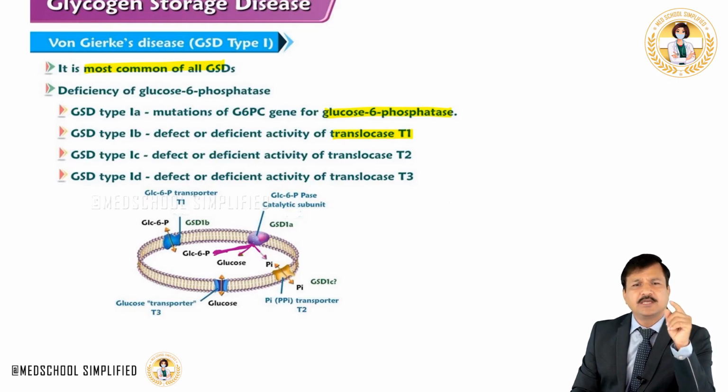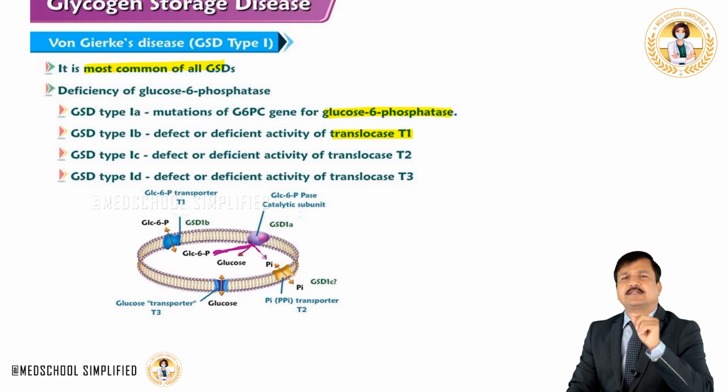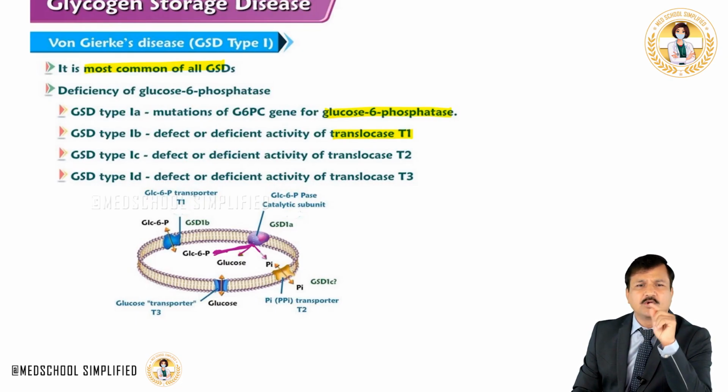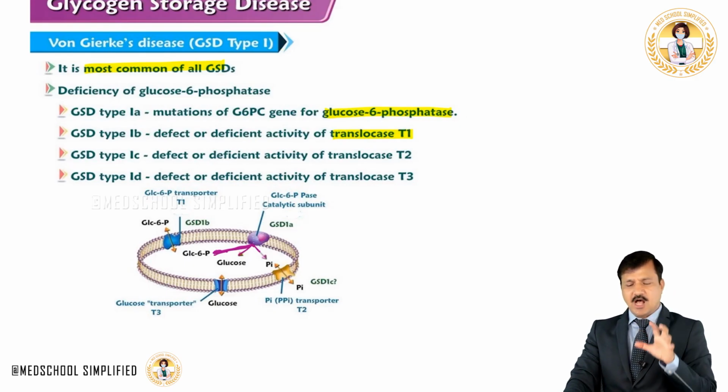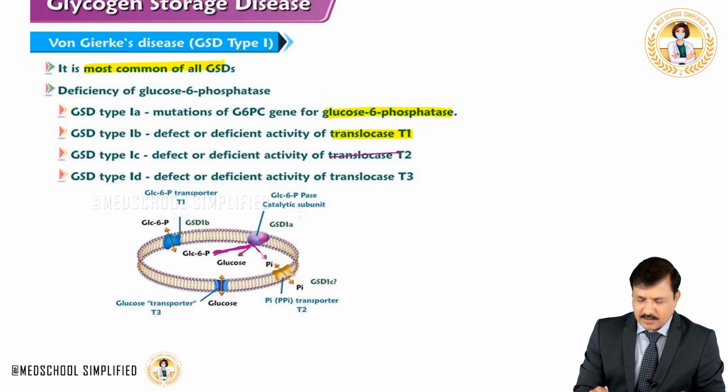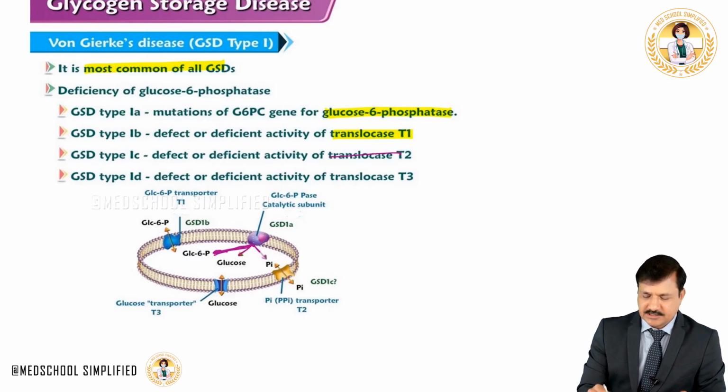And then 1B is because of defect or deficient activity of T1 translocase. 1C is T2 translocase, that is the inorganic phosphate transporter. And 1D is because of T3 translocase, which is the glucose transporter in the membrane of endoplasmic reticulum. So this is how glycogen storage disease type 1 is further classified into 1A, B, C and D.